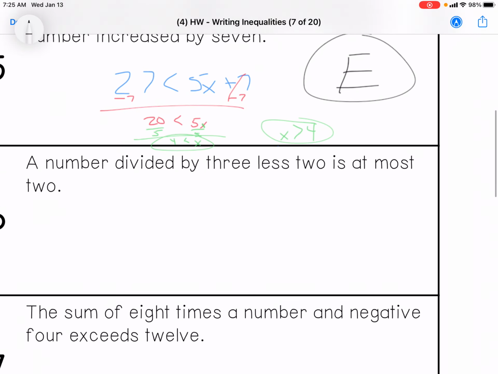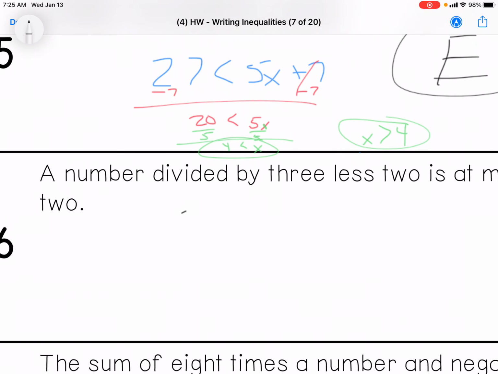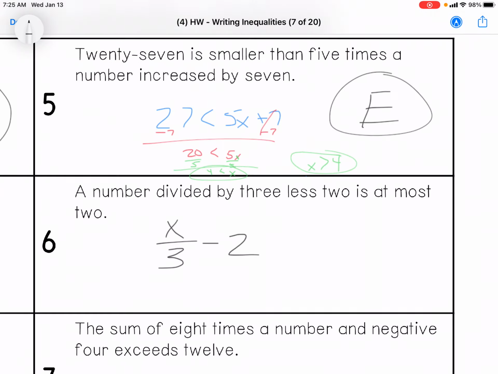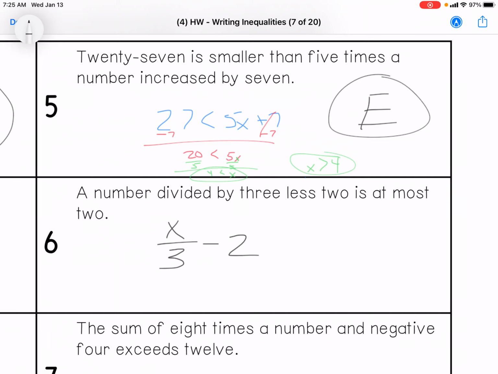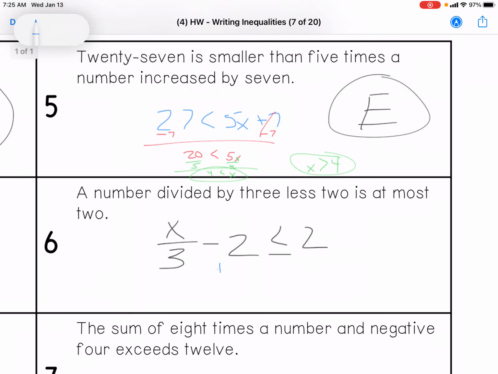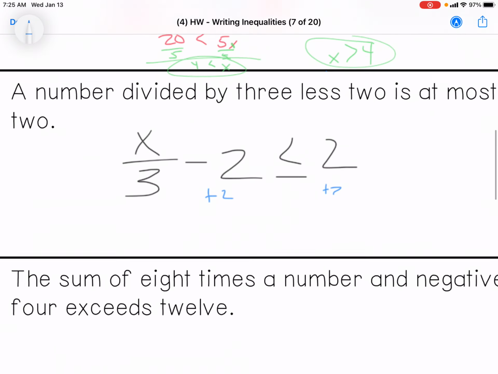Elephant. All right, a number divided by 3 less 2, so -2, is at most 2. So at most, so it is less than or equal to 2. Add 2 to both sides.